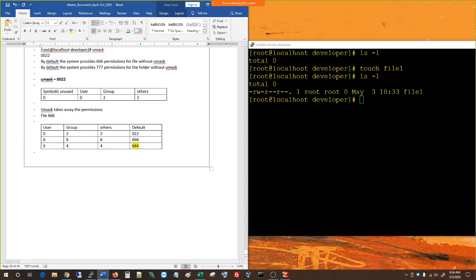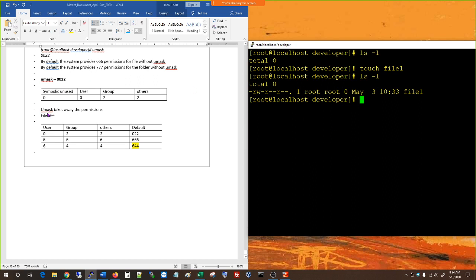If you look here, the default permission is 644. So if you create 1,000 regular files here, the permissions are going to be the same, 644. Why? Because there is a concept of umask.